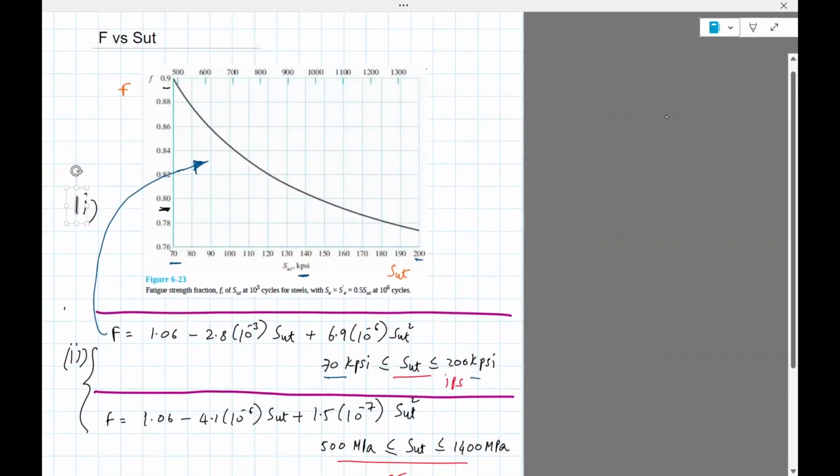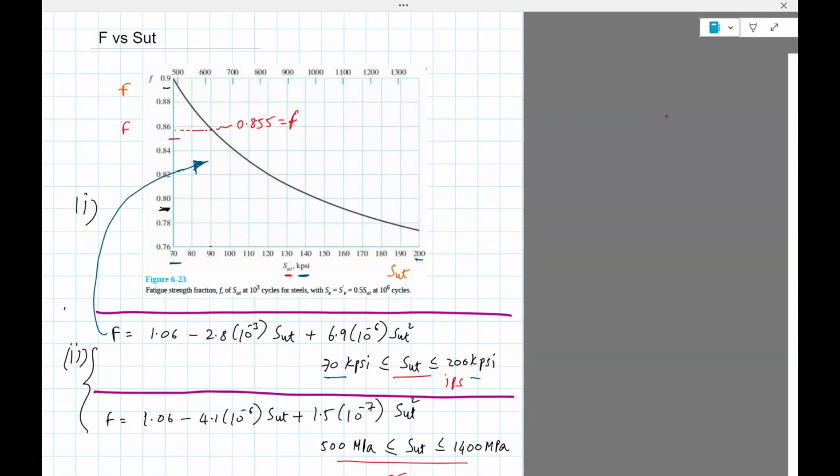There are two ways to compute it: you could use this graph or you could use this formula. If you use the graph, you need to see where SUT is. It's 90. If you go along this, this is where F should be, and it looks like 0.85. It's somewhere between 0.85 and 0.86, and I'm just going to make a guess, 0.855. You could use any value from 0.85 to 0.86.